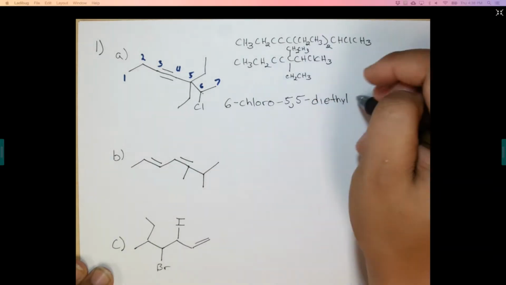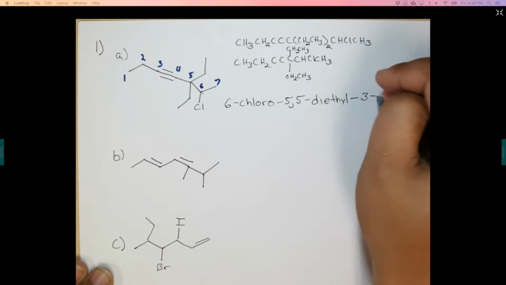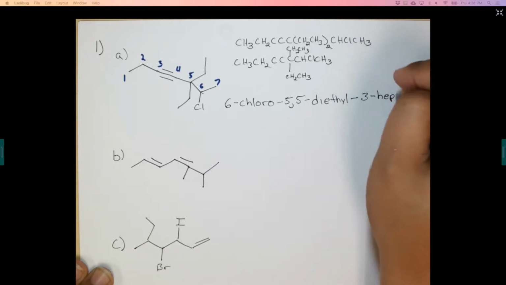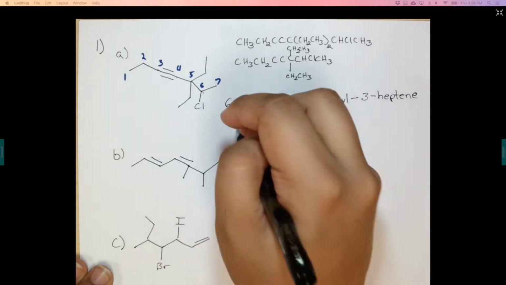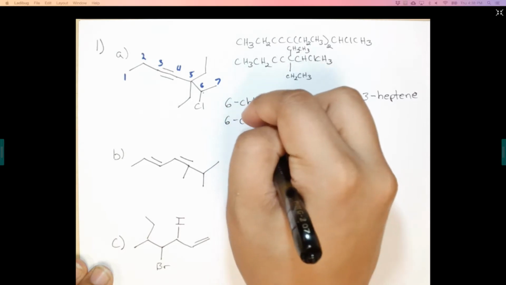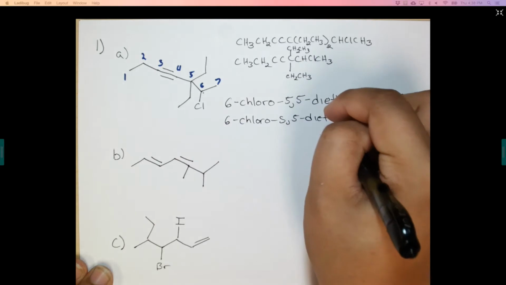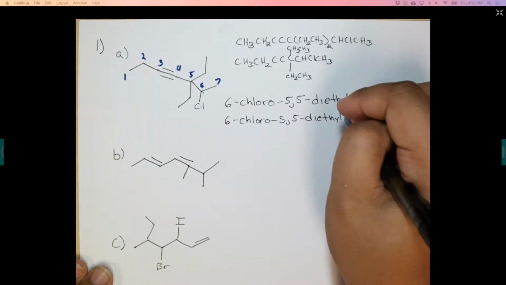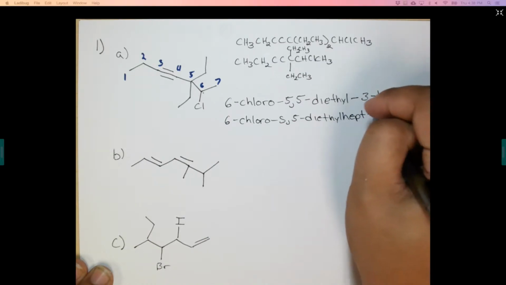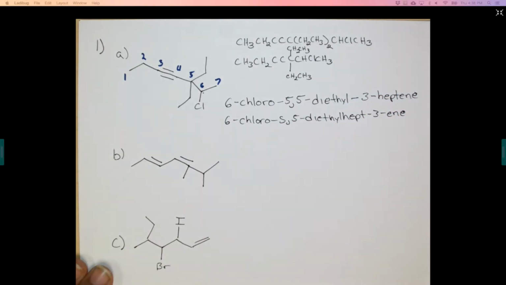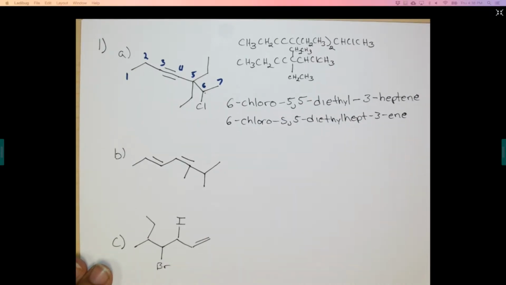You can go 3-heptene, or it's also correct to go 6-chloro-5,5-diethylhept-3-ene, right? Both of these are acceptable.